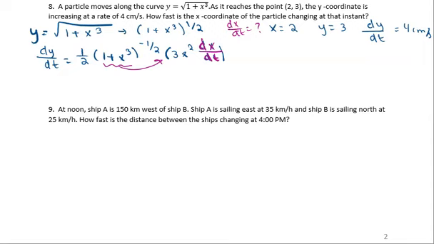So let's start with substituting in our values. So dy/dt is 4. We have 1/2. 1 plus x is 2 cubed to the negative 1/2. Now we have 3 times 2 squared, and we're trying to find dx/dt, so that one's just going to stay dx/dt.